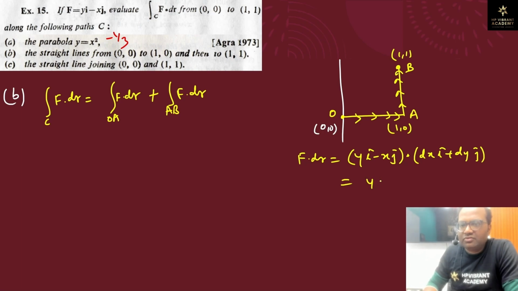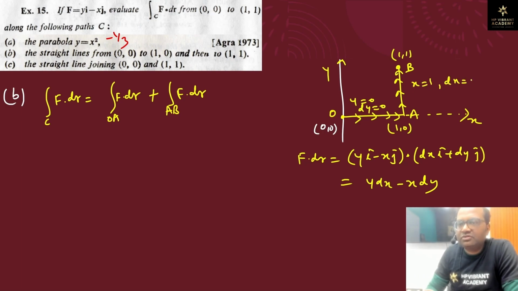So this is equal to y dx minus x dy. Okay. So along OA we have, this is x axis and this is y axis. So along OA we have y is equal to 0 and dy is equal to 0 and x varies from 0 to 1. And along AB we have x is equal to 1 and dx is equal to 0 and y varies from 0 to 1.